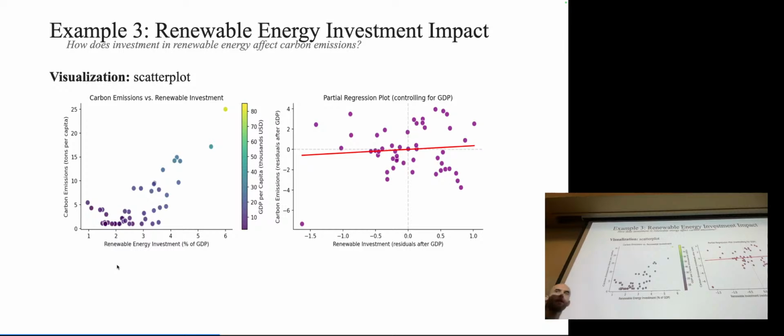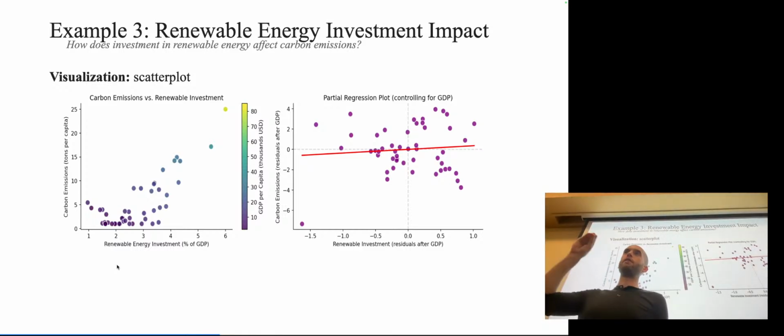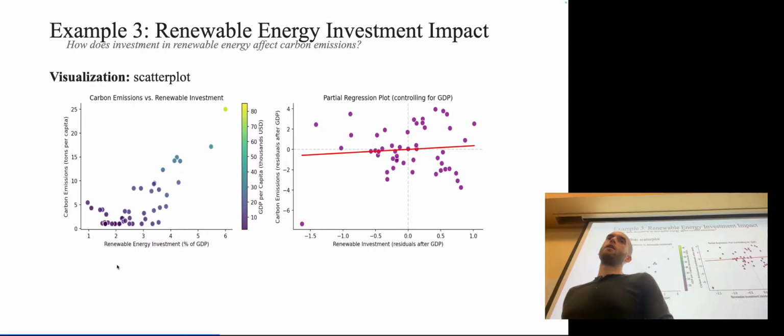So if we're thinking about a confounding variable, even if there isn't a relationship between renewable energy investment as a percentage of your GDP and carbon emissions, we could still have a relationship between these variables, even if it isn't direct. It could be going through GDP per capita.